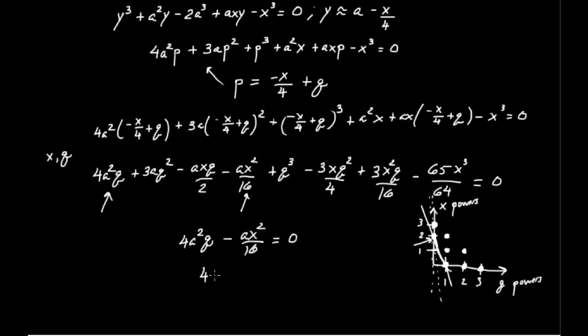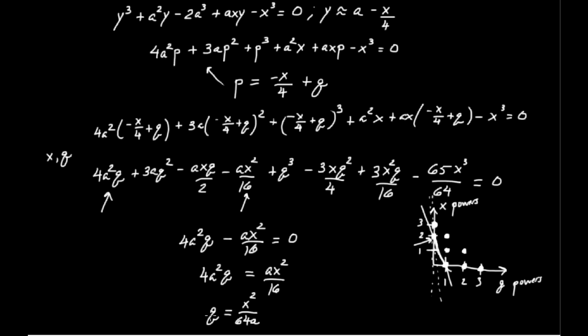I get that 4a squared q is equal to ax squared over 16. And upon solving for q, I see that it's going to be x squared over 64a. And that's it.